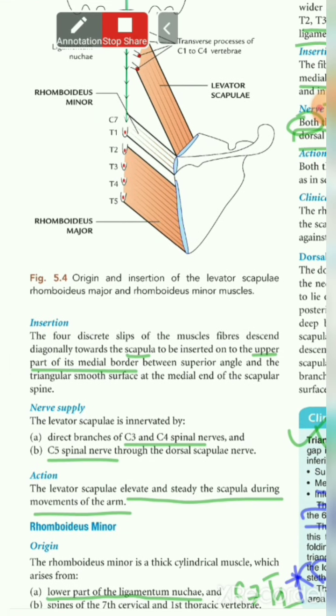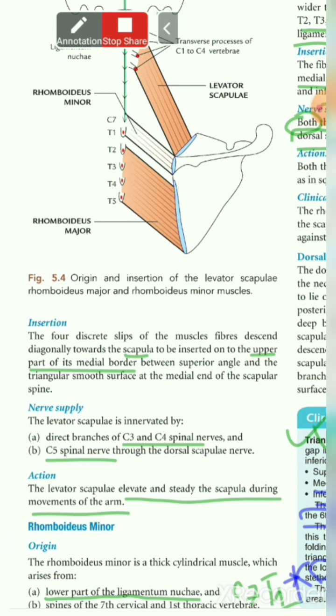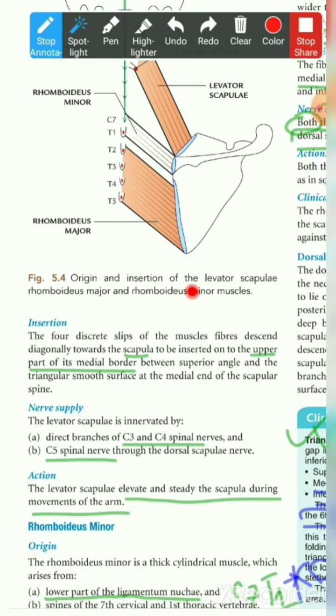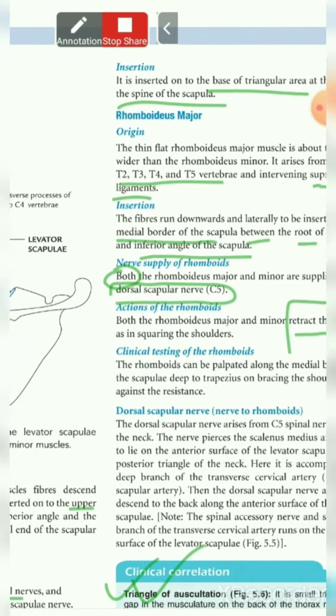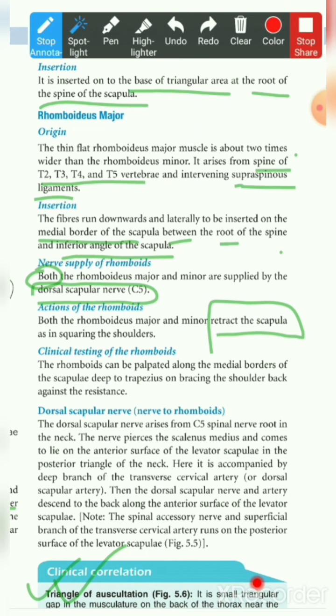Now our next muscle is rhomboideus minor. It originates from the lower part of the ligamentum nuchae, and the spine of the cervical 7 and thoracic 1 vertebra, and it inserts into the base of the triangular area at the root of the spine of the scapula. Its nerve supply and action are similar to the rhomboideus major, so we will study these two muscles together.